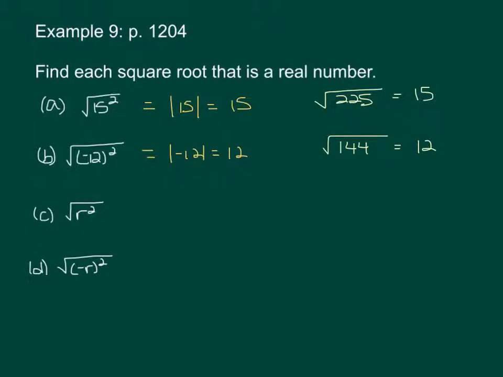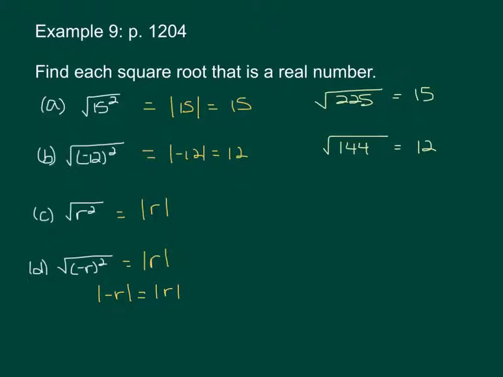Okay, so now when we have variables, the square root of r squared is going to be the absolute value of r, and the square root of negative r squared is going to be the absolute value of r as well. The reason this last one is the same is because the absolute value of negative r is the same thing as the absolute value of r.